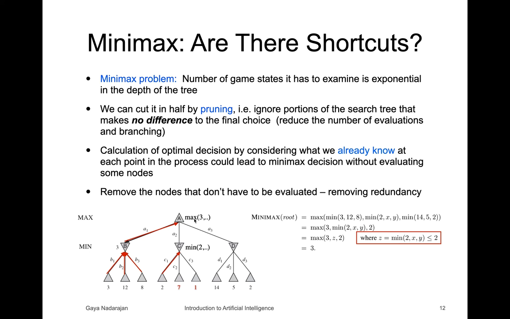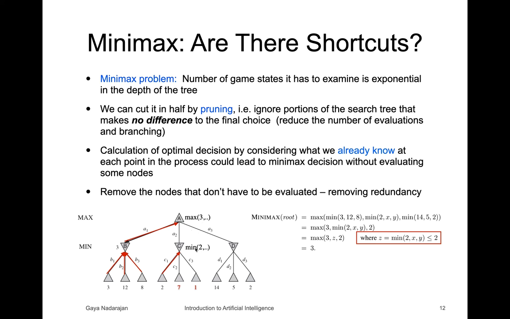Because A is going to take a maximum out of a bunch of numbers. If it knows that C is going to return at most 2, not anything bigger than 2, then what's the point of even adding this number here? Because it's not going to affect the maximum function here, right?